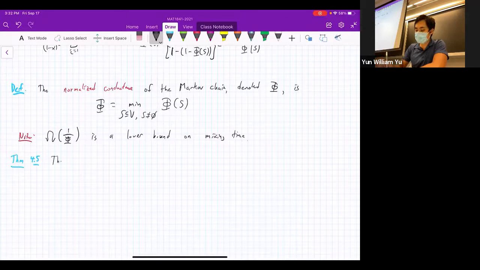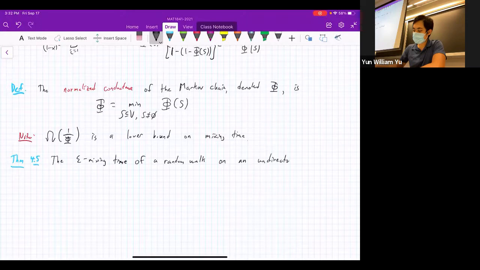So the epsilon mixing time of a random walk on an undirected graph is going to be this ugly thing.